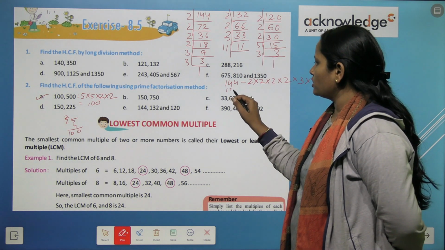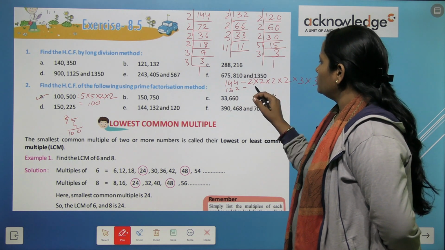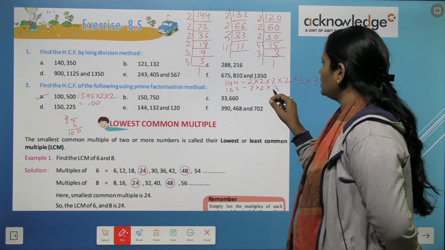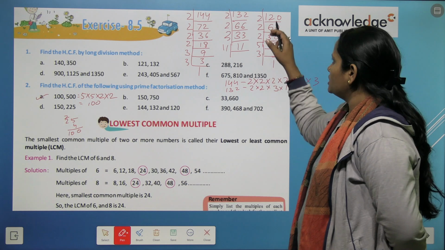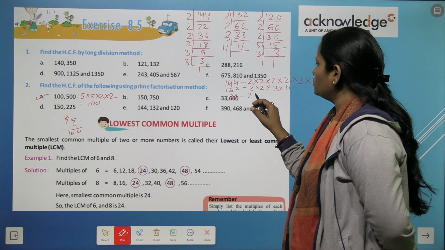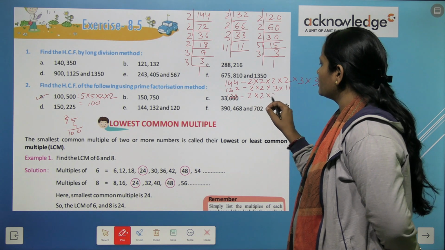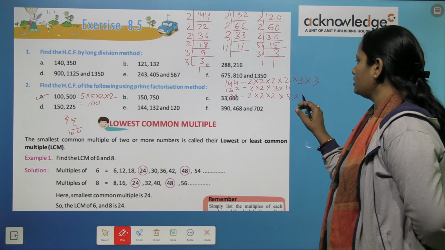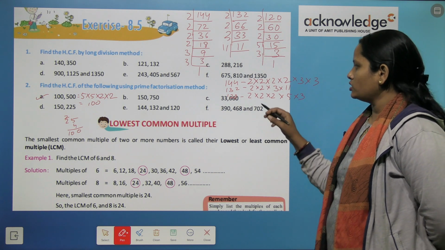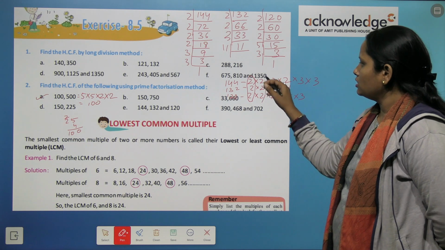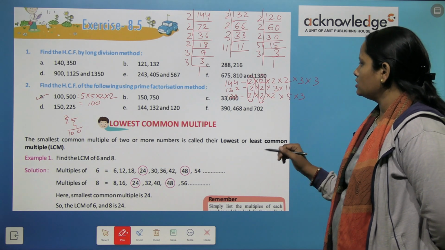Similarly 132 के जो factors हैं 2 multiply 2 multiply 3 multiply 11. Similarly 120 के जो factors हैं 2 multiply 3 times and 5 multiply 3.